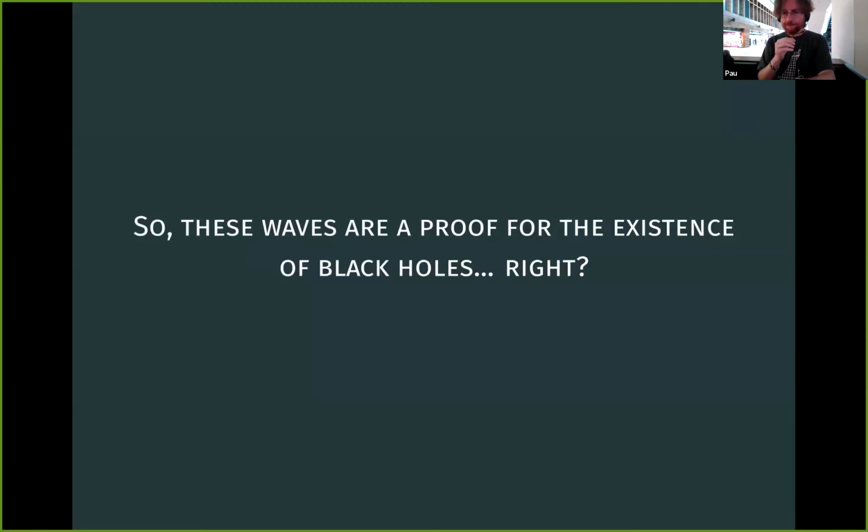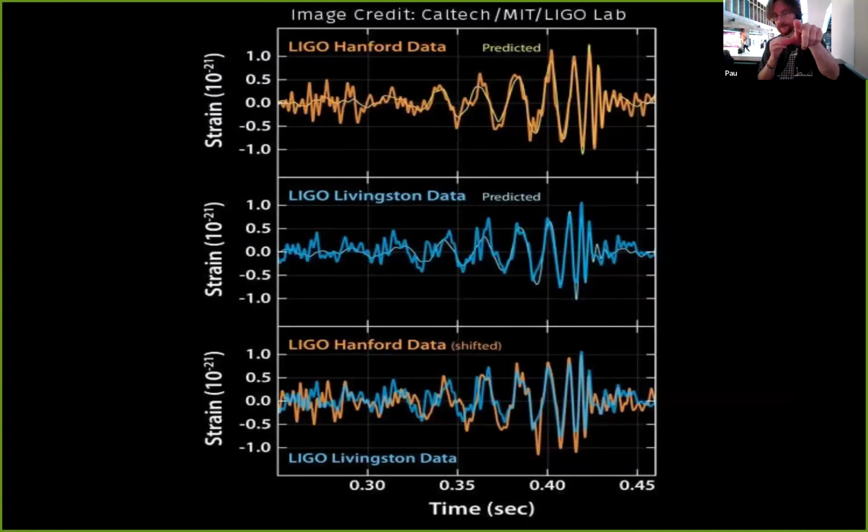In any case, so these waves are a proof for the existence of black holes, right? Well, as I have just said, I don't like the word proof, because proof is something that you reserve for mathematics. I should have written here something like evidence, right? So what I'm trying to say is that what you see in this slide is not evidence for the existence of stellar mass black holes.